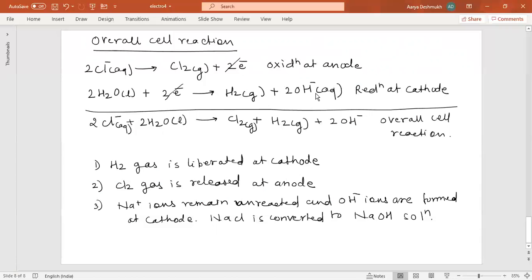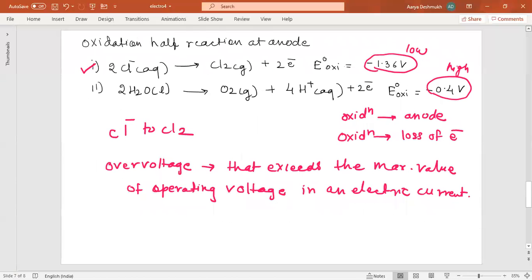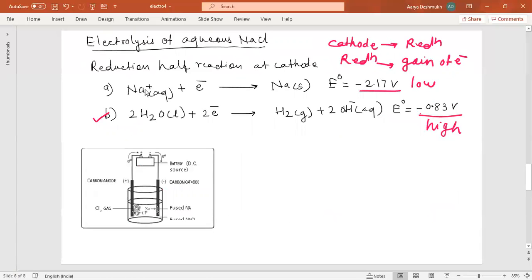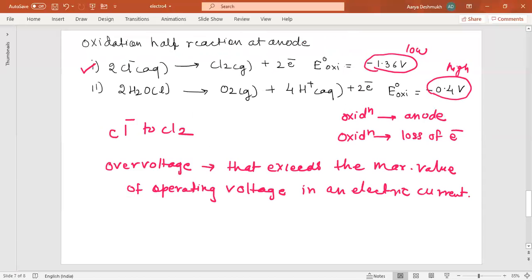So what will happen with the sodium ions? If you go to the earlier slides, you can see we started with the sodium ions at the cathode reaction, that is, at the reduction. So sodium ions accept an electron and are converted into sodium metal. So what will happen to this?